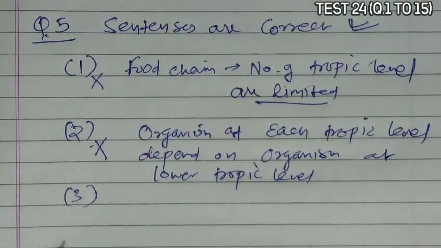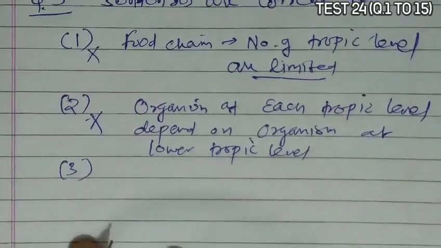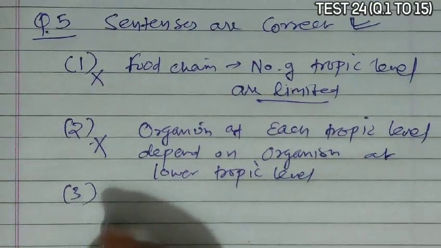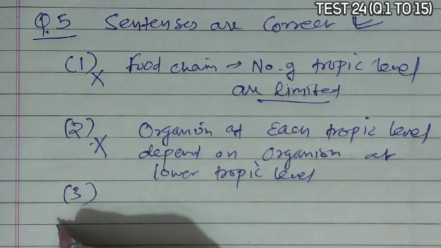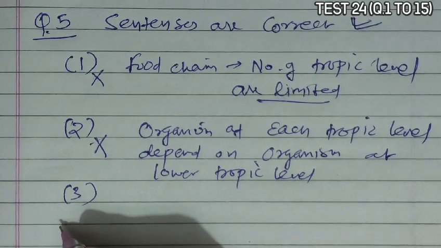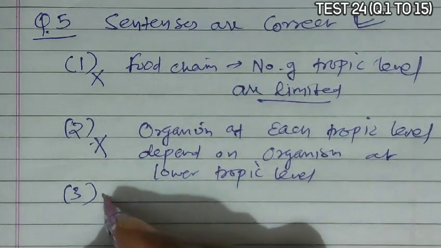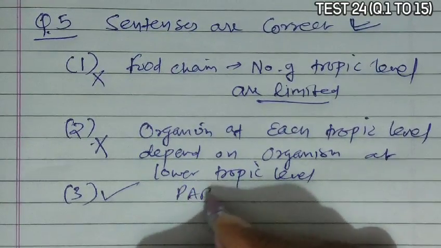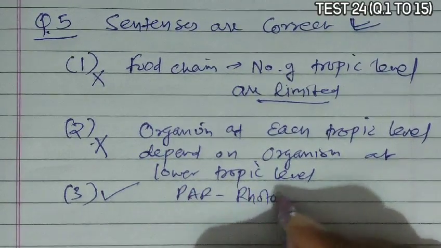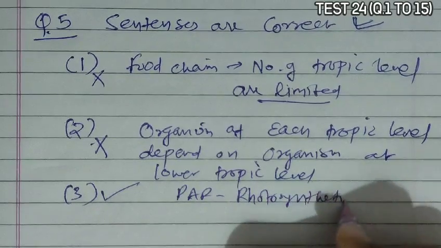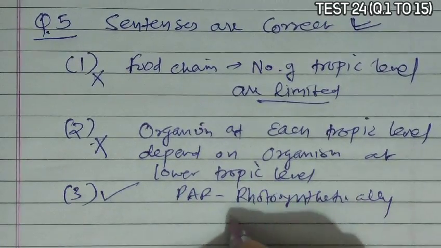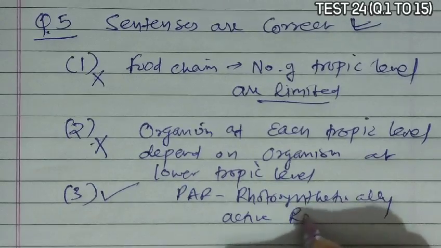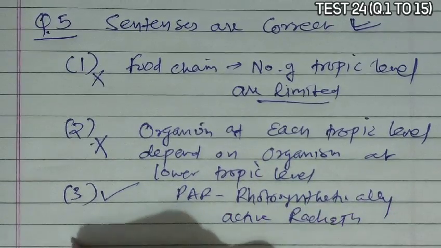Statement third is given as plants capture 2 to 10% of PAR. Yes, it is correct. Plants capture 2 to 10% of PAR. Now PAR means photosynthetically active radiation.